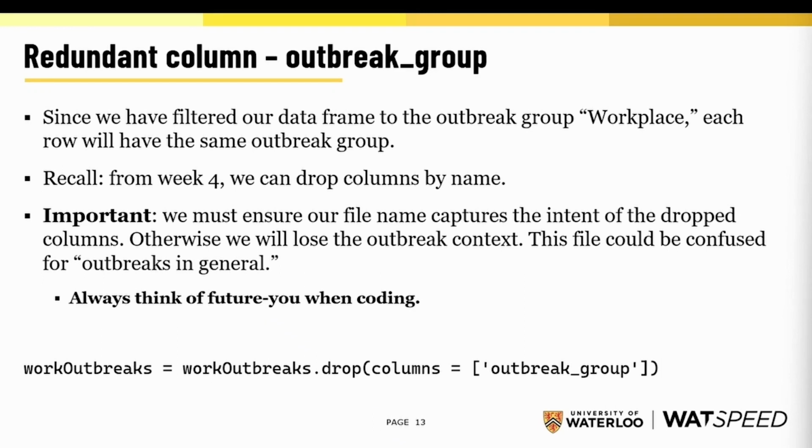In this case, because we're going to remove the outbreak group, we want to make it clear that this CSV file that we're exporting captures the kind of data that we have exported. For example, if we omitted the fact that this is for workplace-related outbreaks, somebody could read this file and say, oh, this must be for outbreaks in general. So we want to capture what kind of data is contained in this CSV file when we do our export.